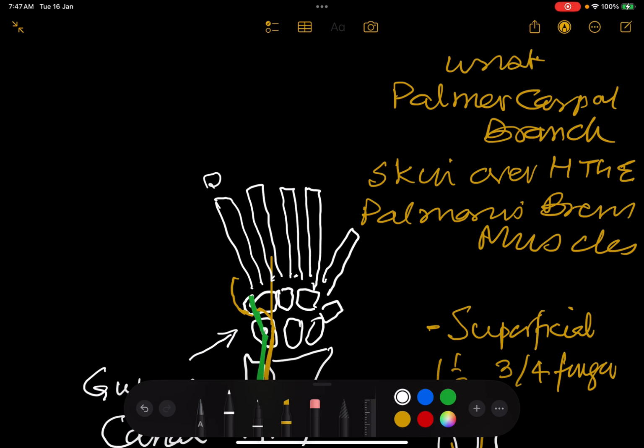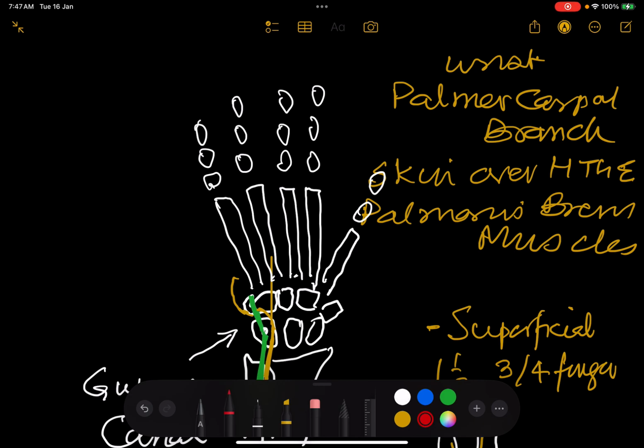And here you have the three phalanges, proximal, intermediate, and distal, and the thumb has only two phalanges, 1 and 2.